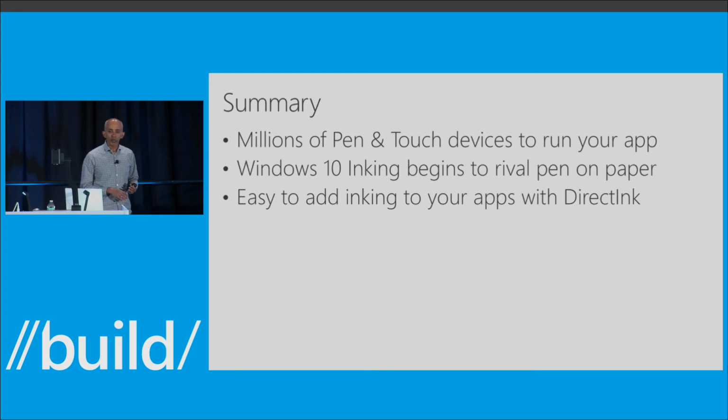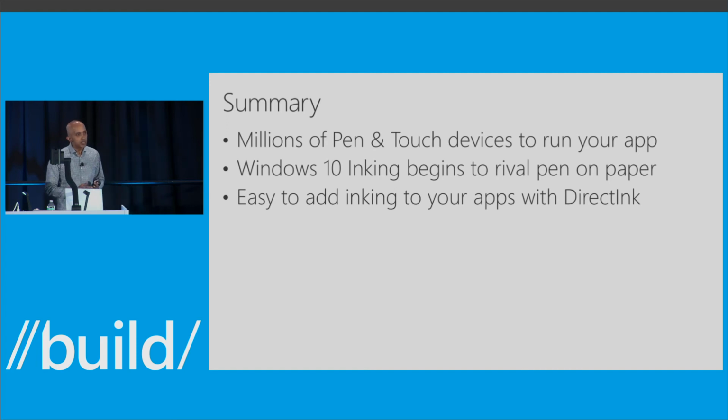Here is a recap of what we covered today. Pen is a great tool for enabling productive scenarios in your app. There are now millions of pen and touch-enabled devices in your customers' hands, so your app is ready to shine on these devices.